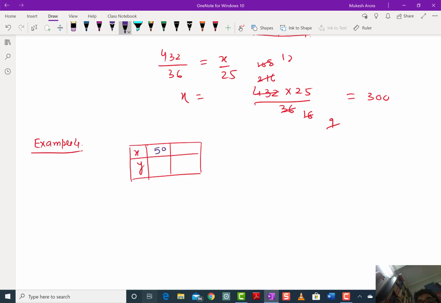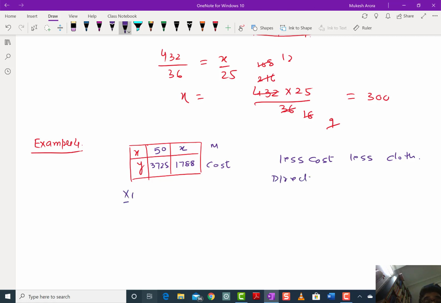This is meter. This is cost. 50 meters of cloth cost is 3725. How many meters will he purchase with 1788? That means less cost, less cloth. Right? So that is also direct.